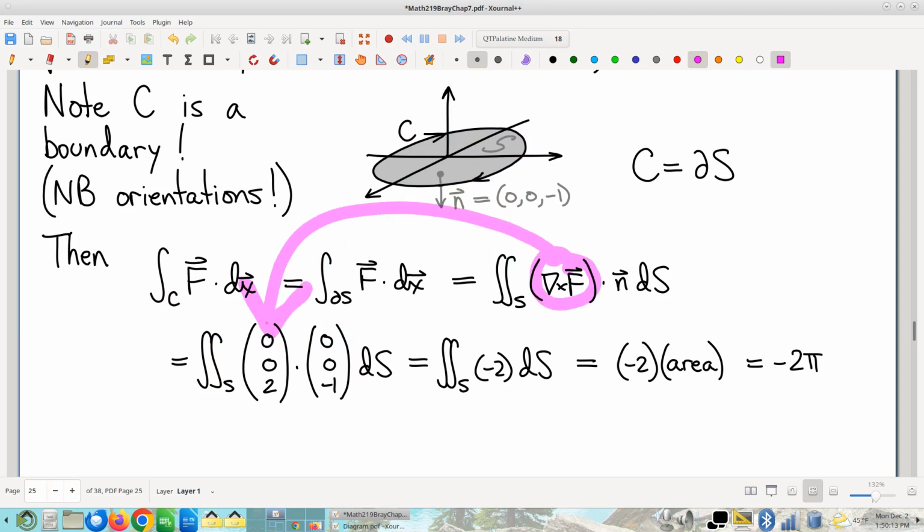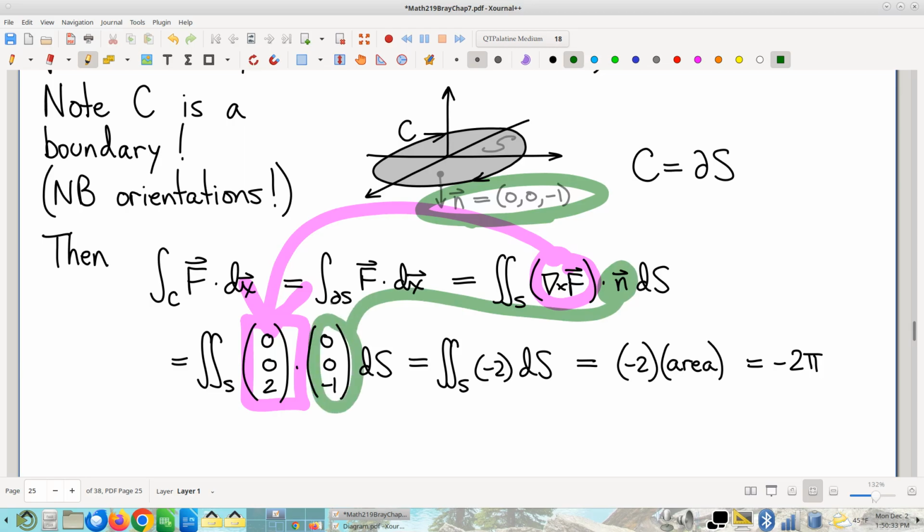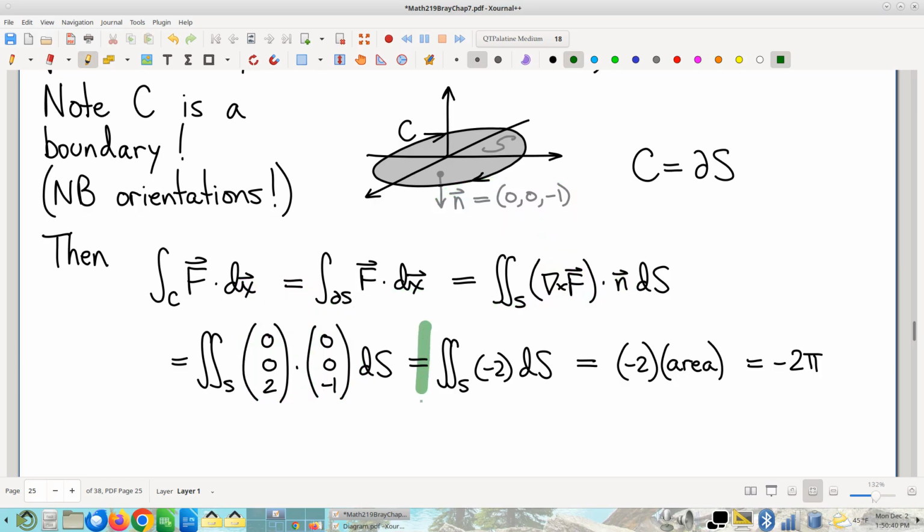Make sure you have that formula memorized, and that you know how to do the plug and chug on that formula, how to compute a curl of a three-dimensional vector field. That's the result. We've already agreed that our normal vector is 0, 0, -1 because of our orientation discussion. And we've just turned a hard problem into a fairly easy problem. We have an integral of a constant over a garden variety surface, and it's easily concluded.